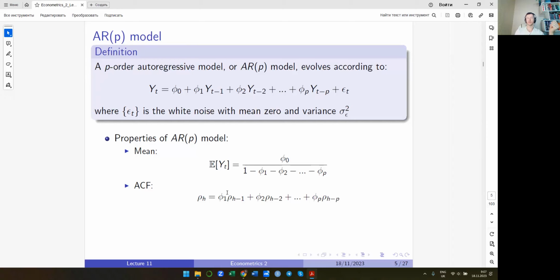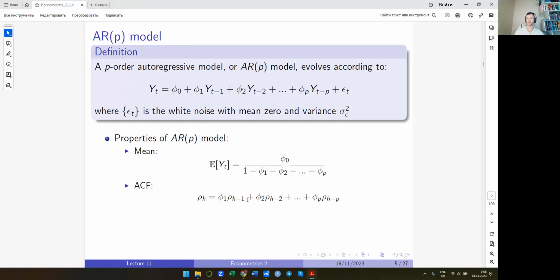Of course, h must be larger than p. When h equals p, the autocorrelation is going to be kind of reversed. For example, if p is 1, then rho h equals phi 1 rho h minus 1.